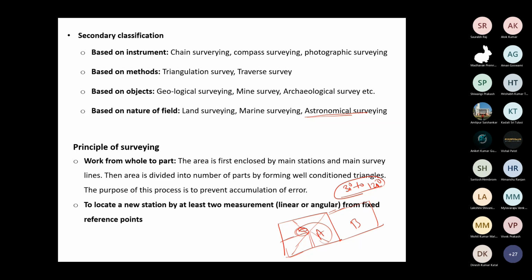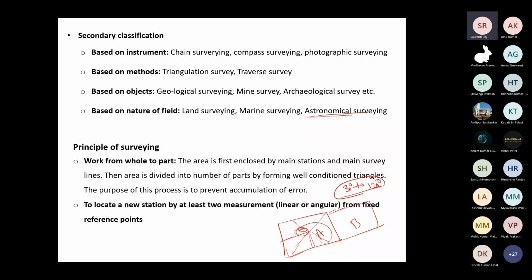Okay. Another point. What is the principle of surveying? Please read it. What is written there? Sir, to locate a new station by at least 2 measurements from a fixed reference point. Can you explain it?